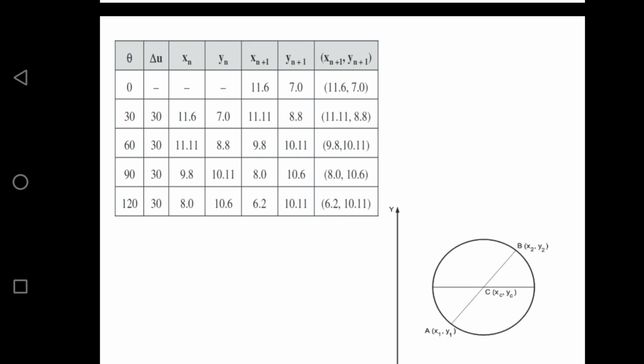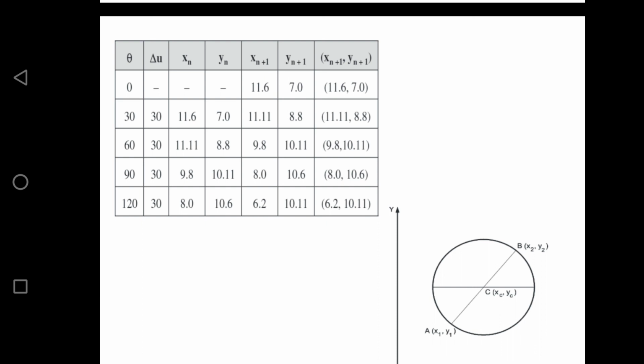For the next point Pn plus 2, if I increment the angle by 30 degrees from this point, to 60 degrees, my old values xn and yn are replaced by 11.11 and 8.88. Substituting in the equation, I get the new values of xn plus 1 and yn plus 1 for 60 degrees: 9.8 and 10.11.